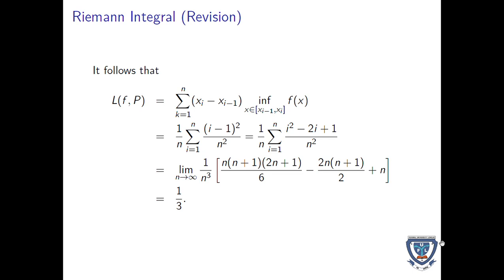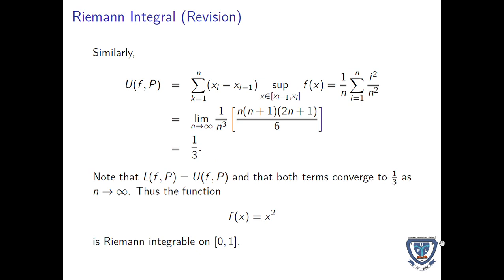Now, the lower sum will be the summation of the interval lengths times the infimum of f(x). And when you do that properly, for the example at hand, you are going to have that the lower sum will be 1/3.